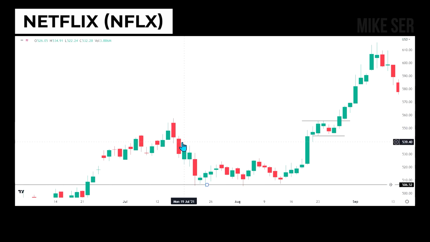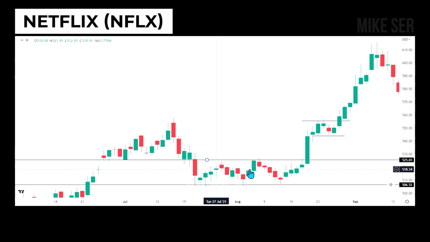So you can see this downward decline hitting a support level and then going up. So this is kind of like a mini rounded bottom. And if you think of it as a mini rounded bottom, you can look to buy right here, once it breaks above this line.